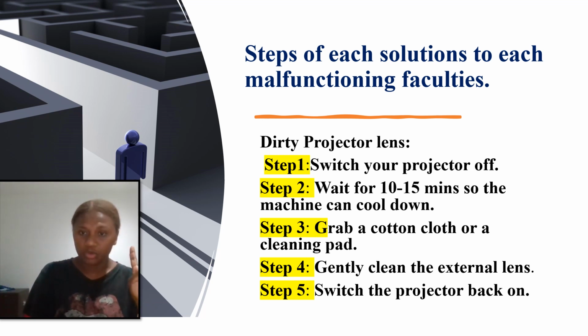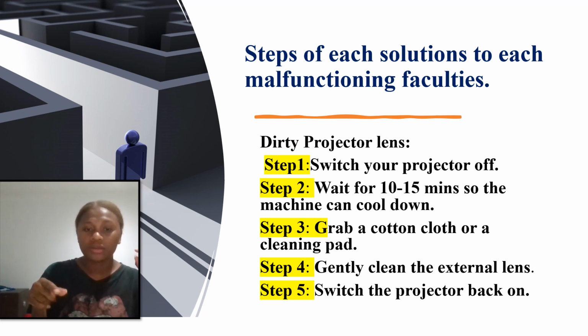You switch off your projector. Firstly, step 1. Step 2, you wait for 10 to 15 minutes so the entire machine can cool down. Step 3, you grab a cotton cloth or a piece of cloth that is best for cleaning purposes. You wipe the lens.